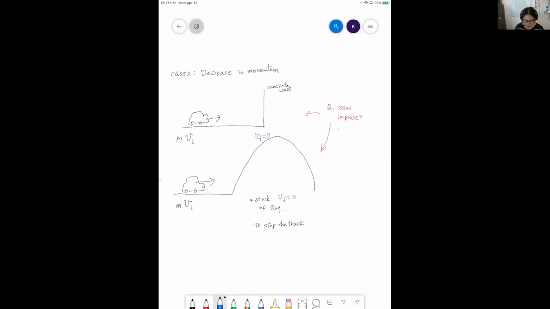So the answer is yes, same impulse. Either way, you're going to get the same impulse, the same change in momentum.